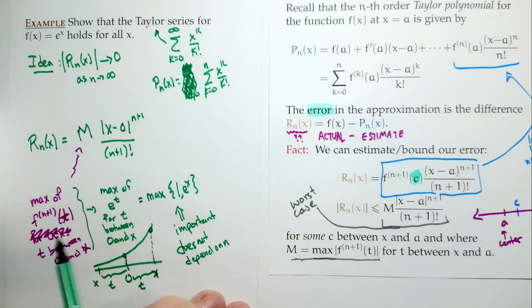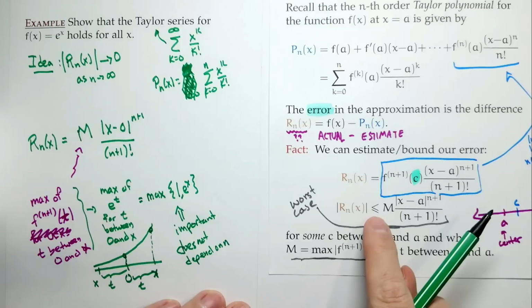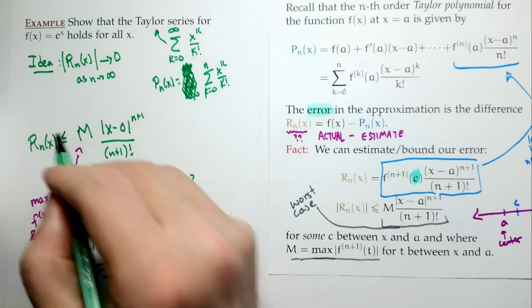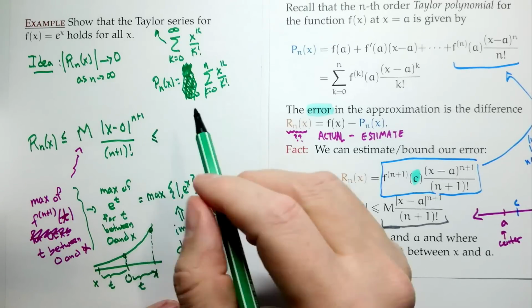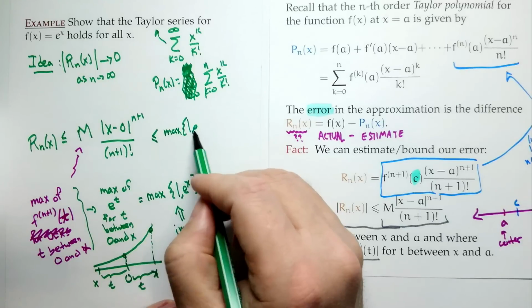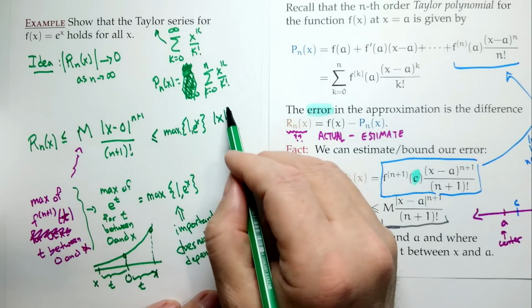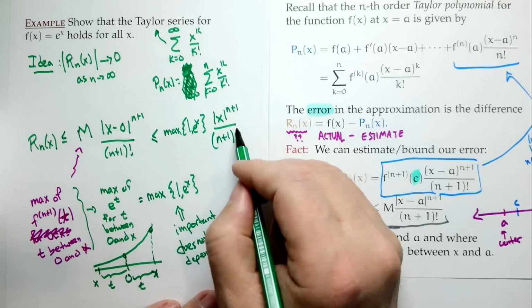So our Rn of x, and I can't believe I did this again, I'm doing a bad job of copying. This should be less than or equal to, not equal to. So that's less than or equal to the max of 1 and e to the x, times the size of x to the power n plus 1 divided by n plus 1 factorial.